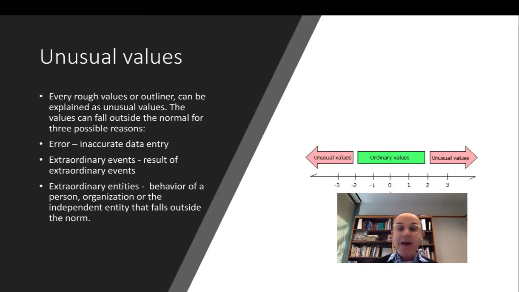So we have unusual values in the data, even though the rough data or outliers can be explained as unusual values. The values can fall into three possible reasons: error in the data, extraordinary events, and extraordinary entities. All those are part of our reasoning.